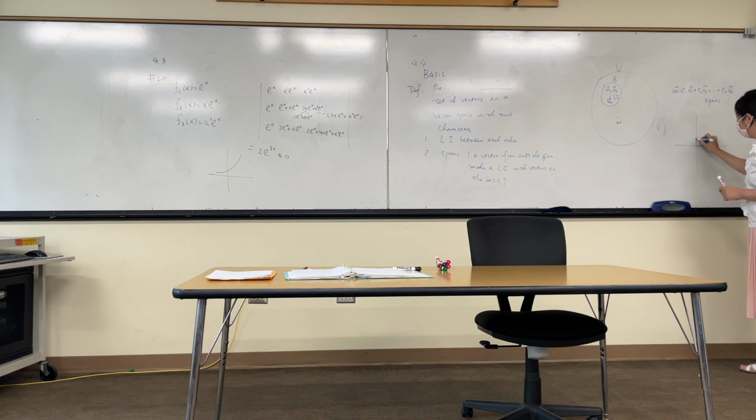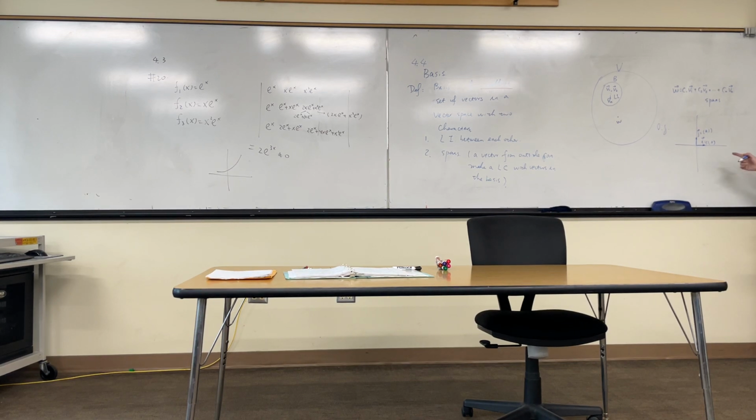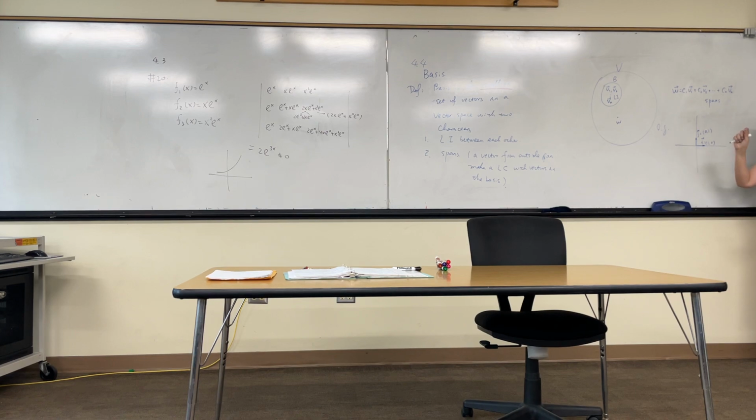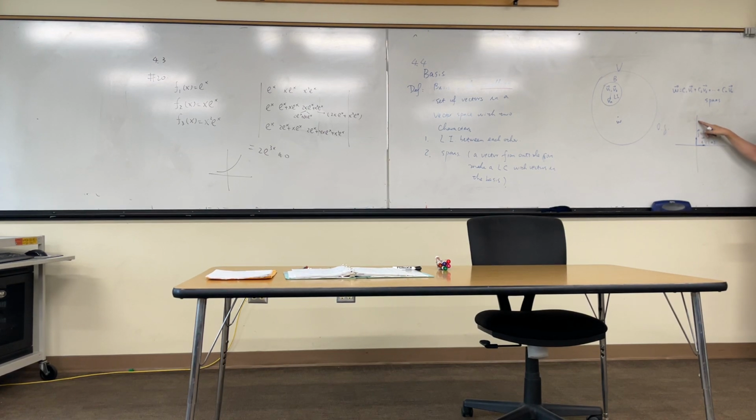My j is right here. Okay. And then I can make a coordinate. So that way they won't join into a funny looking shape, okay?